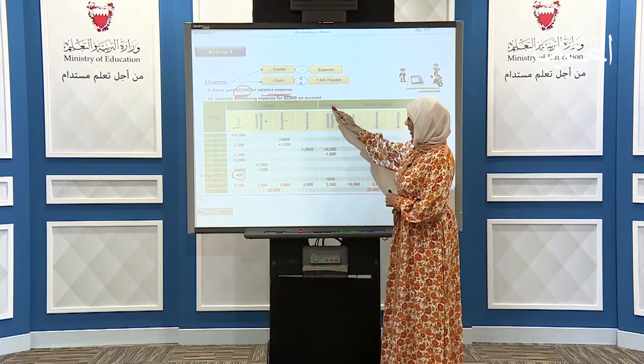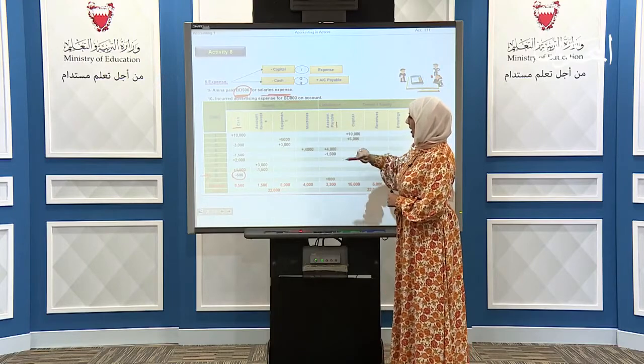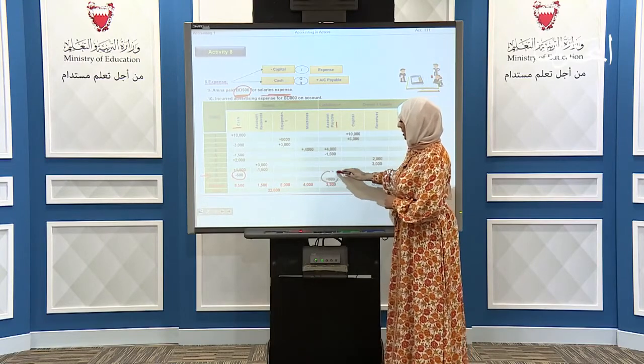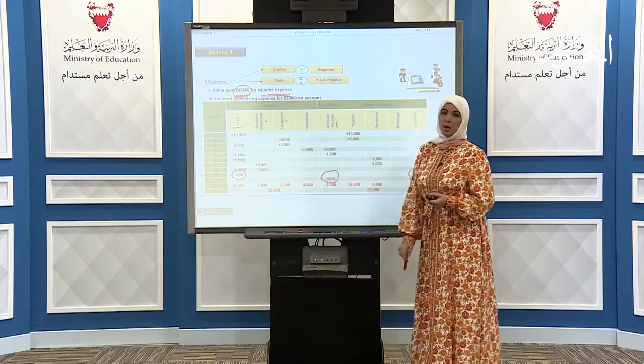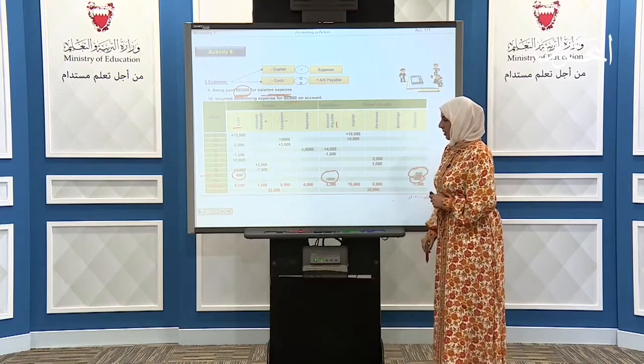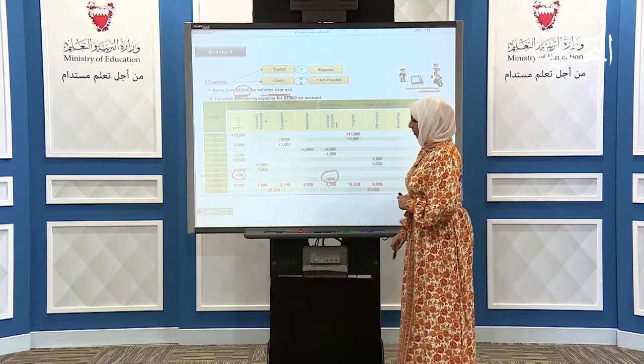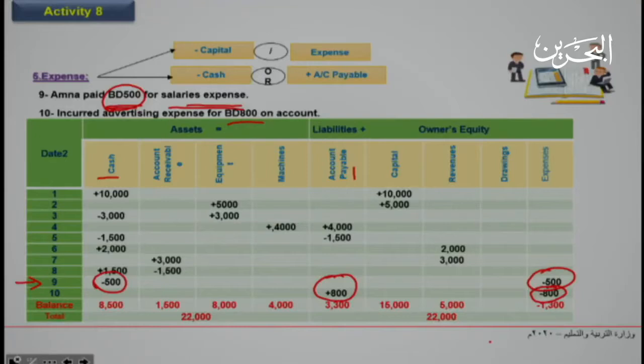I will come to the liability section. Under the account payable, I will increase it by 800 because I didn't pay this expense yet. Finally, as I know, I should find the balance for all accounts, and I should make the total so that our equation is balanced.